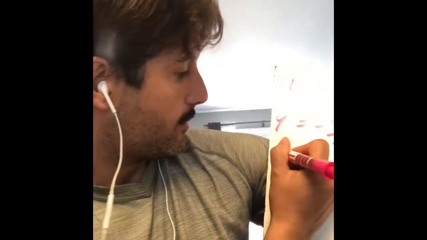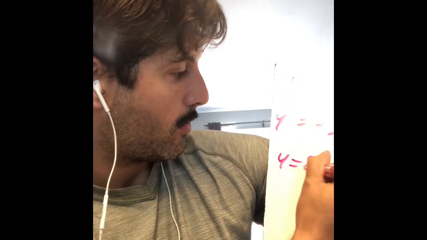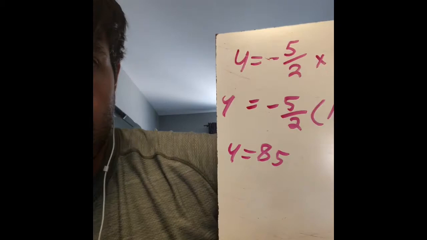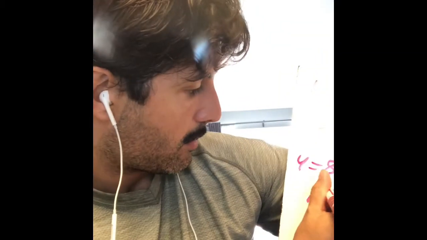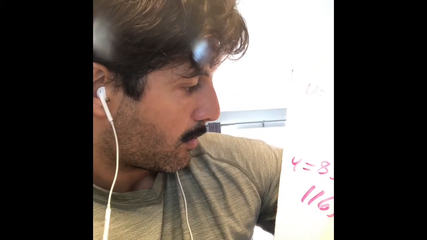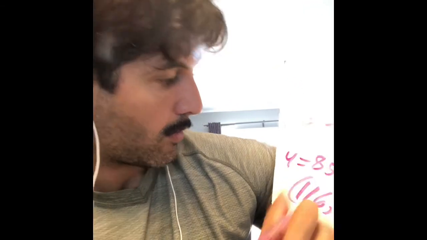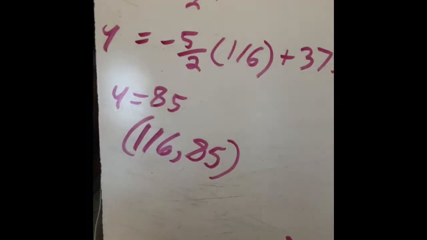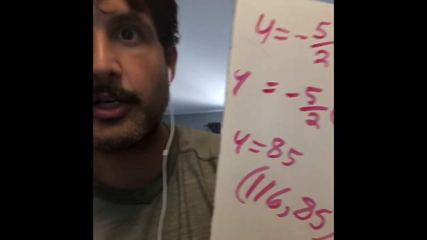We get 85. So that means we have 85 children's tickets, and that covers off the second option. With 116 adult tickets, you need 85 children's tickets.